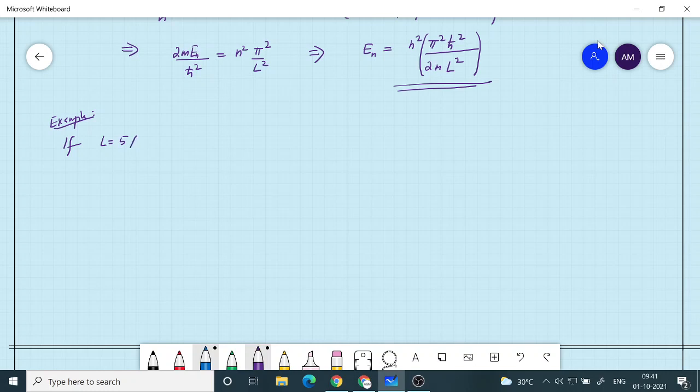Okay, this is a problem which is worked out in the book. L is equal to 5 Armstrong. So you just see what energy values it will take for different values of n.